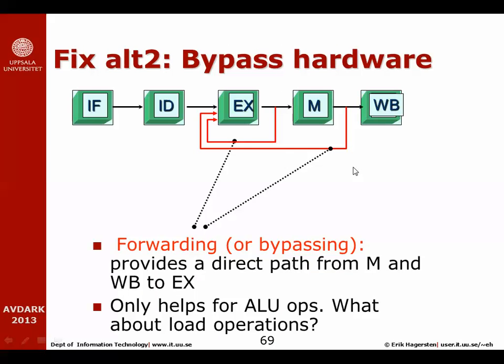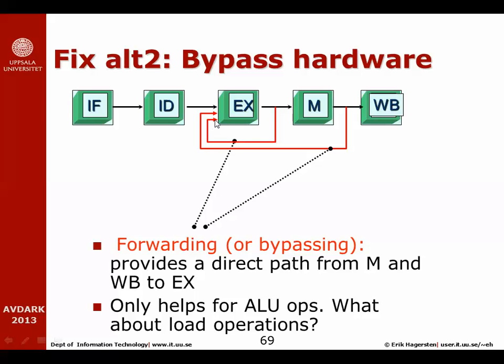Another way to solve this, a dynamic solution, is to go back to the hardware people and say, can't you throw a little more hardware at solving this problem? At the end of the execution stage, that's when a value comes out of the ALU. Can't you create a shortcut here, so that if we know that the very next instruction is interested in the result of the previous instruction, we could create this shortcut or forwarding?